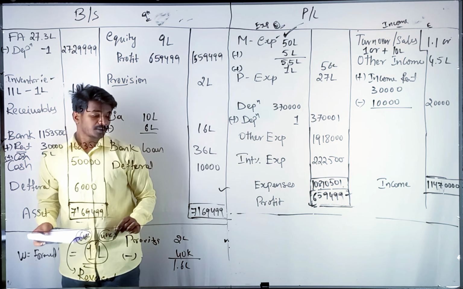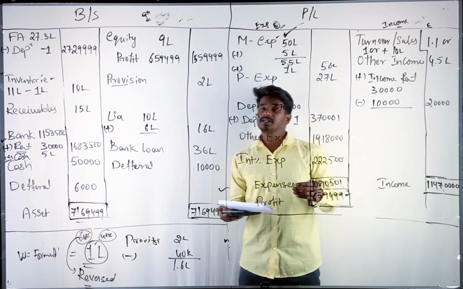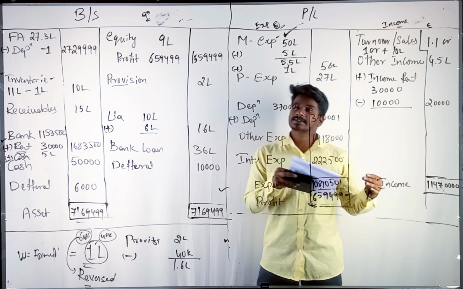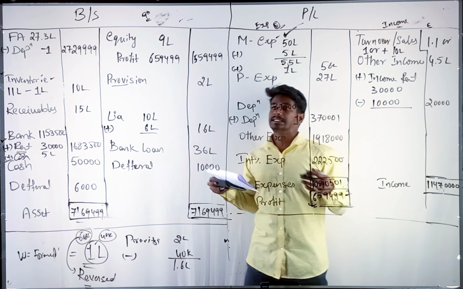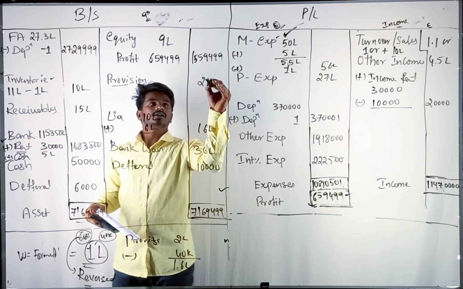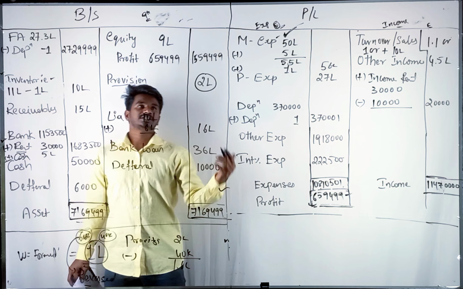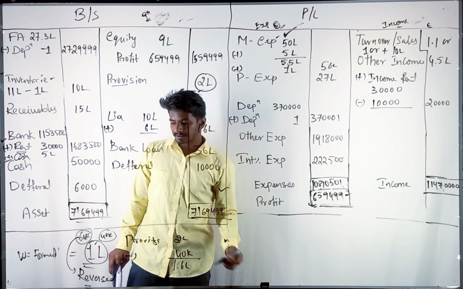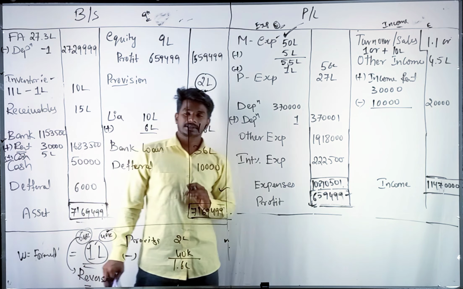The first thing, provision means some amount kept aside for the future expenses. Means you can say that savings. So we have saved in some account of rupees 2 lakh. Out of this 2 lakh, we have paid 40,000.